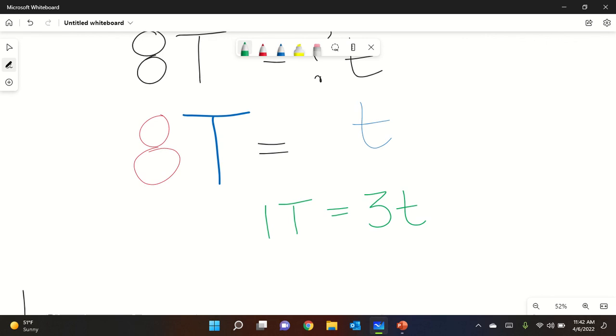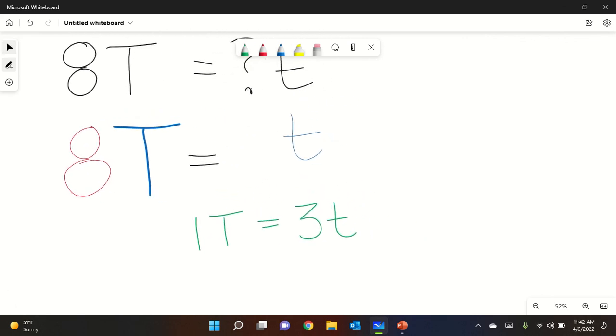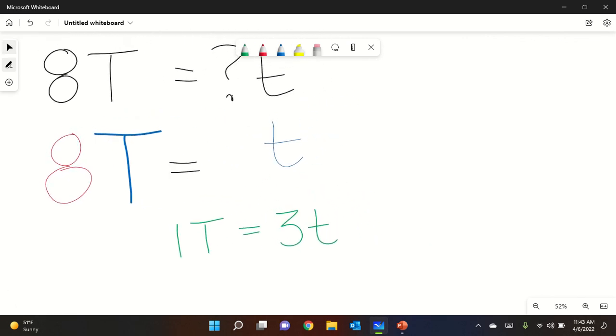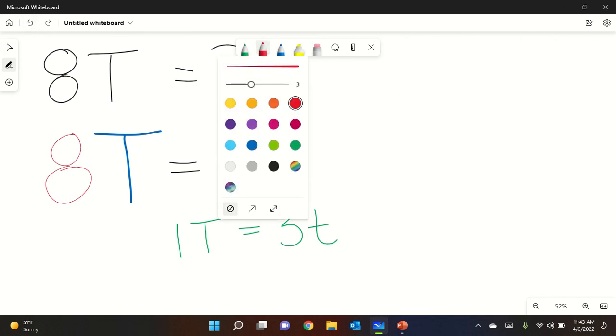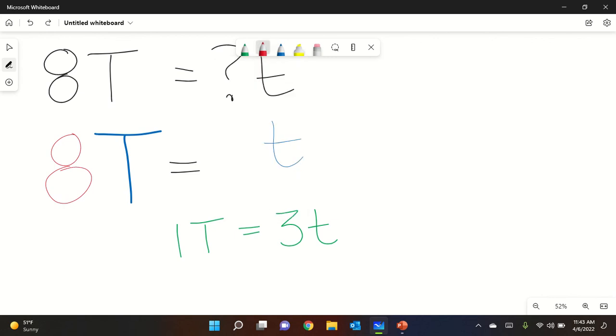So if we pull our numbers together, looking at our problem here, we have our 8 tablespoons. And are we going to multiply or divide? Remember, we have a small number.